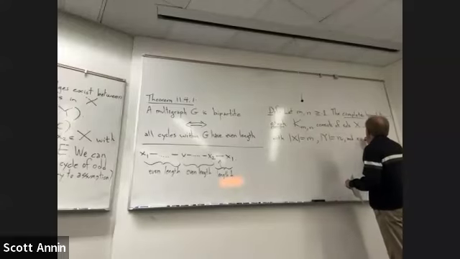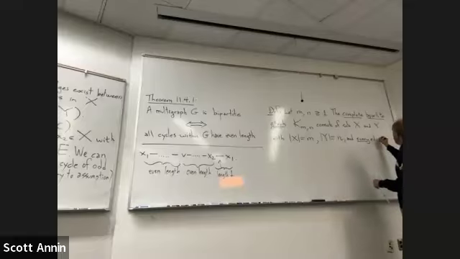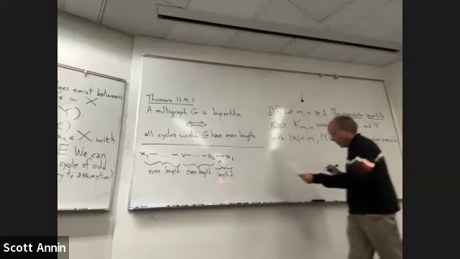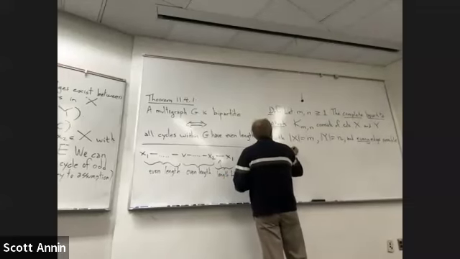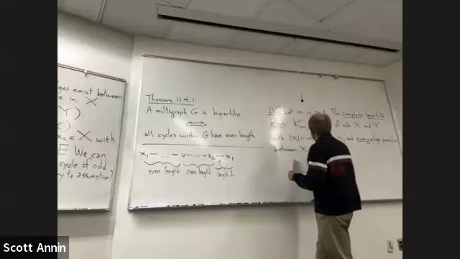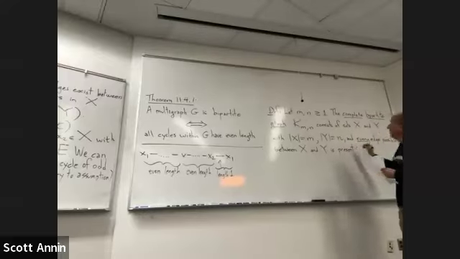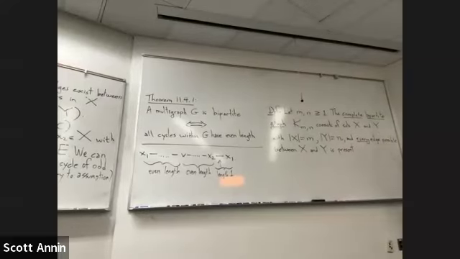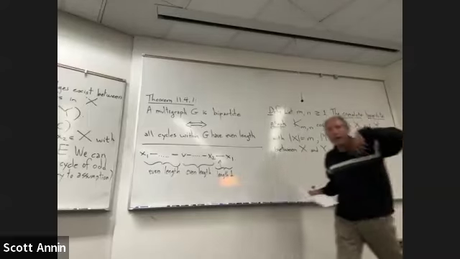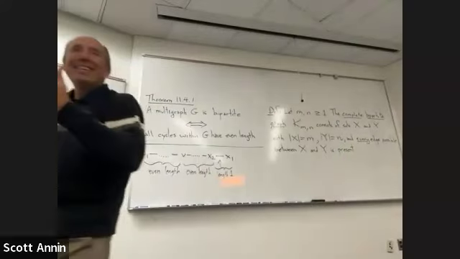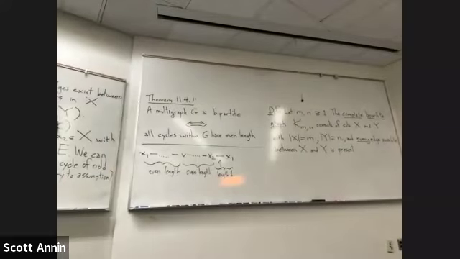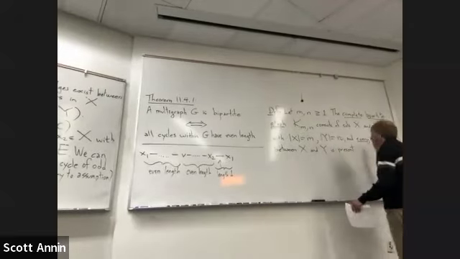And every edge possible between capital X and capital Y is present. So basically, wherever you were allowed to have an edge, you do have that edge. And of course, no other edges.